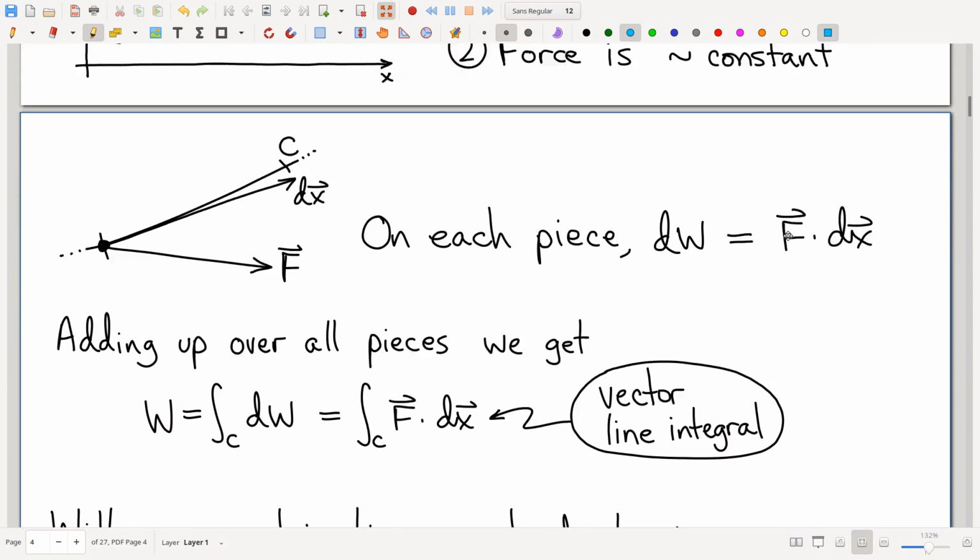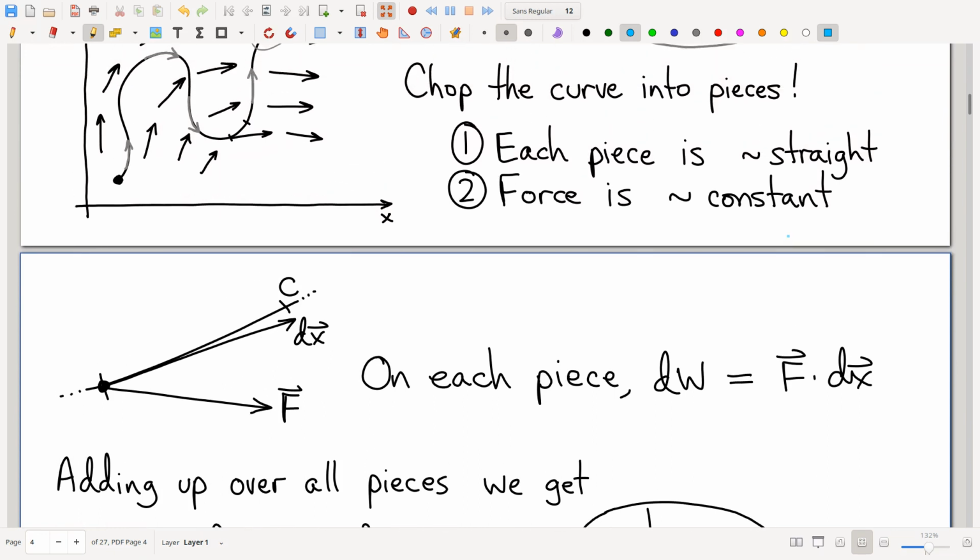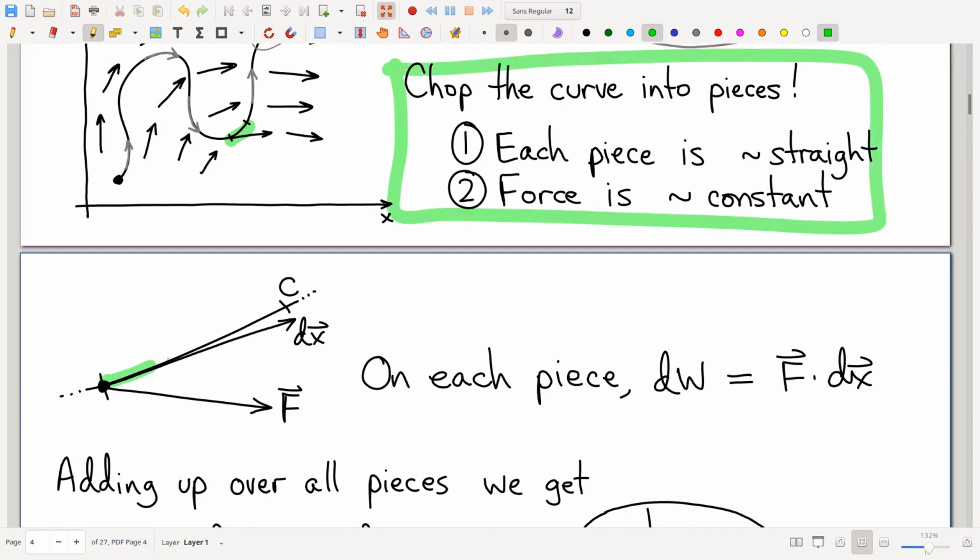And that said, let's try to do this now on our little piece of curve. All right, we've chopped it up into little pieces. Here's our little piece of curve. Not exactly straight, but close. And our displacement is easily understood as our dx vector. That's just our linear estimate of displacement along that piece of curve. It's not going to track the curve exactly, but again, in the limit, it's fine.